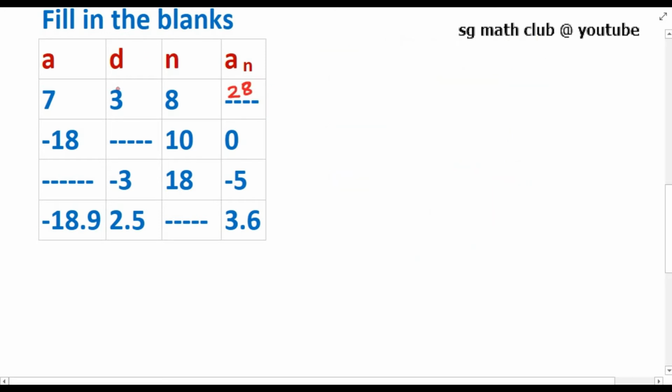Now the second question is, the first term is given as minus 18. Number of terms will be 10, and the 10th term they have given as 0. So again we will write the same formula. a_n, nth term, is equal to a plus (n minus 1) into d. So here they have given n as 10.